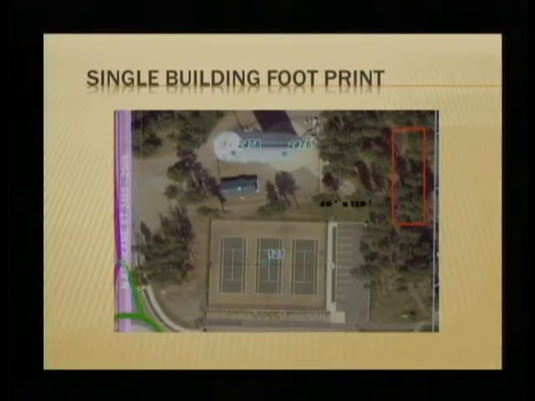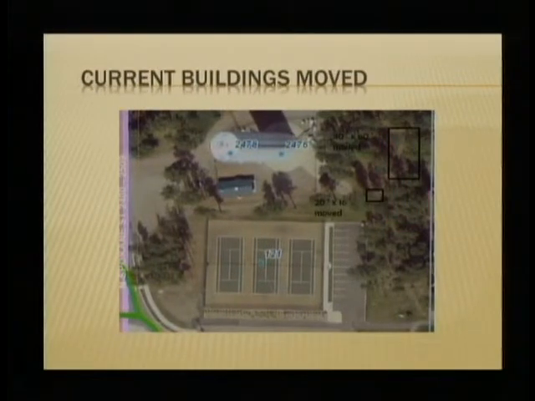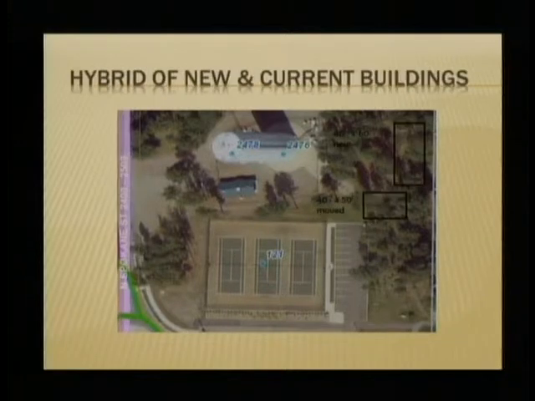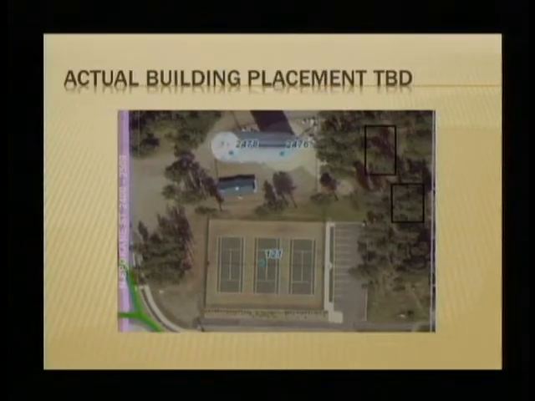If we did a single building footprint of the desired building square footage that staff would like to have, that's what it would look like there. If we move the current buildings in, that's how they would look. If we did a hybrid, which is our recommendation, it'd probably go in one of these configurations, but that will be brought back in once we have it determined.